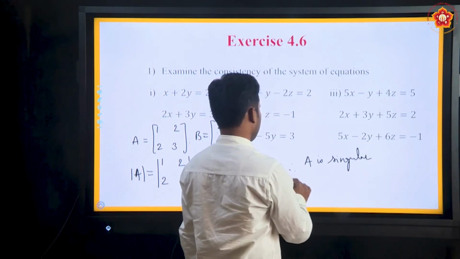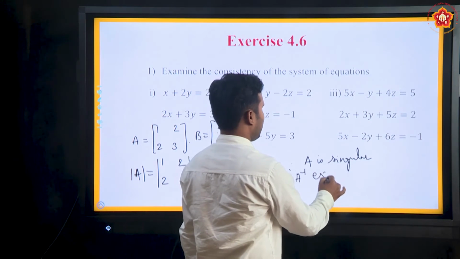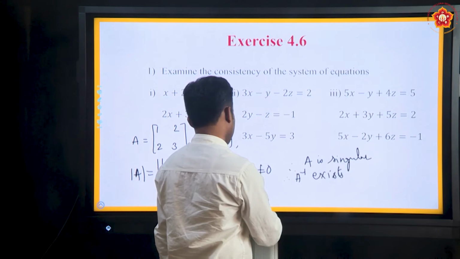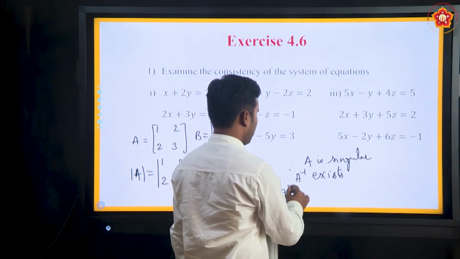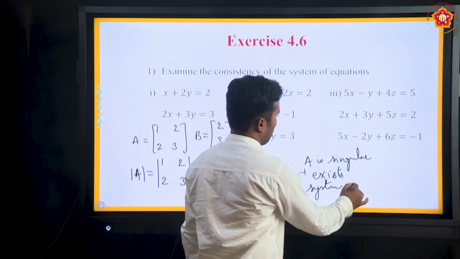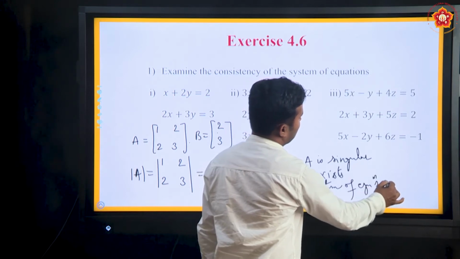Therefore A inverse exists, understand. Thus the given system of equations is consistent.